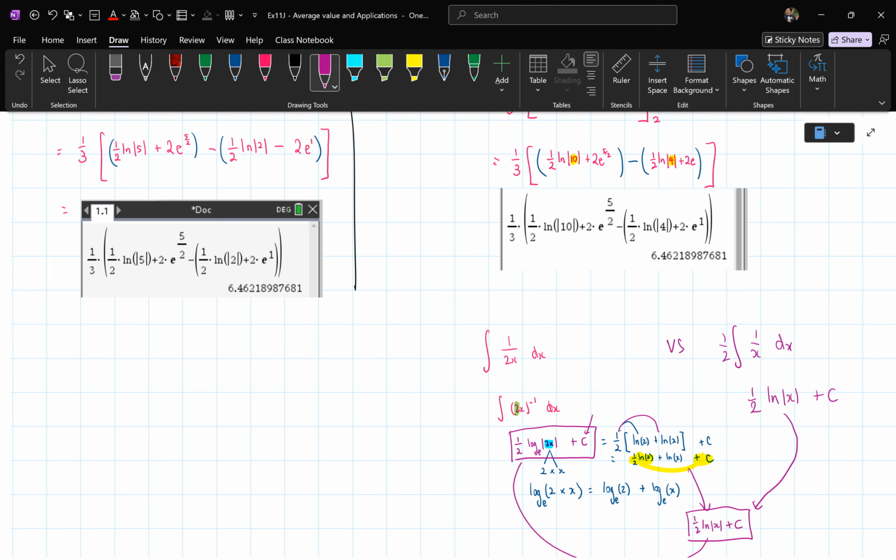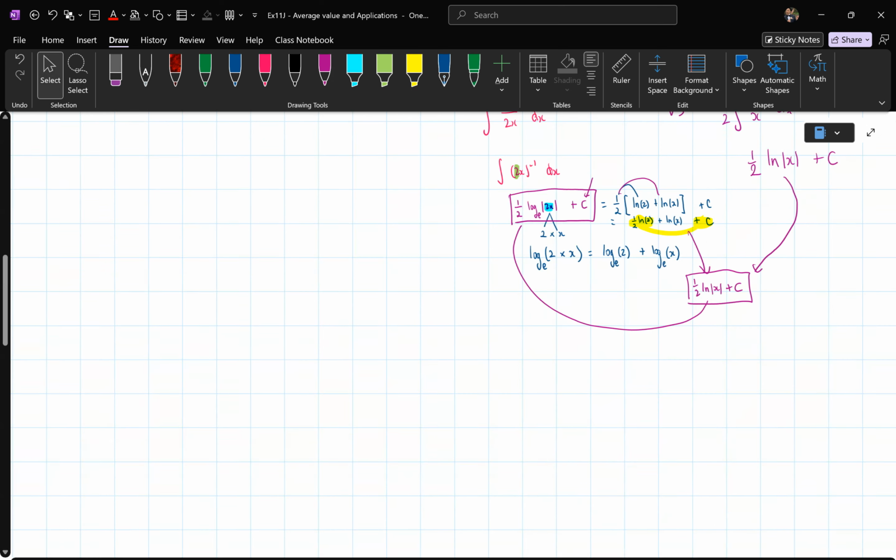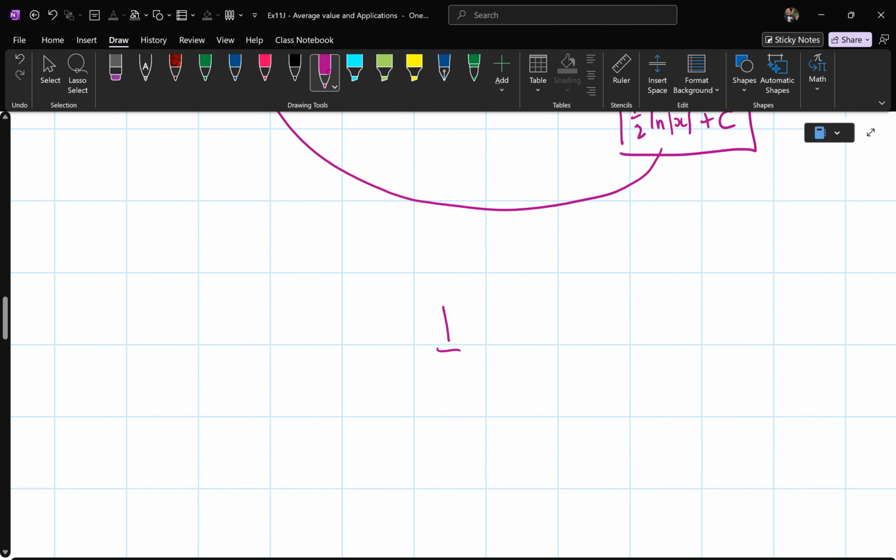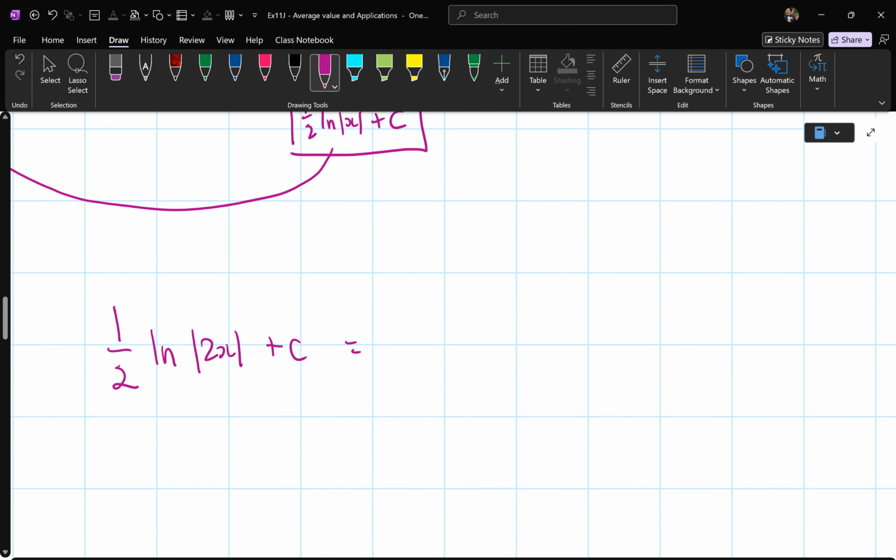So you're right. Like, how do you know? Well, either way, it would still work. I was just baffled when I heard that the answer was different, but actually the answers are the same. So hopefully that clarifies that when you write half ln of mod 2x plus c, this is equivalent to saying half of ln mod x plus c.